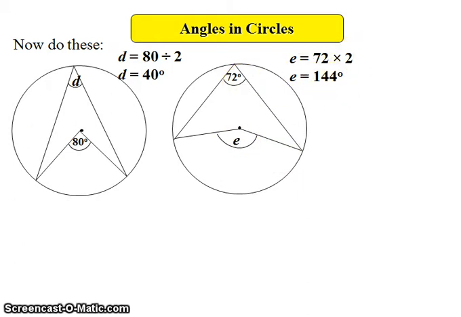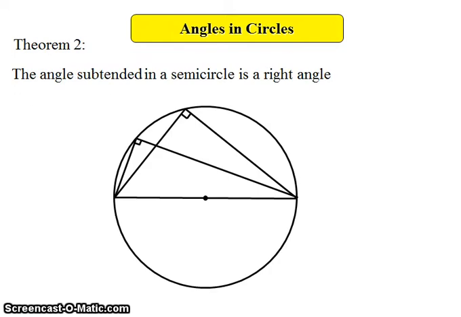Okay, so moving on now to the second theorem I want to talk about, which is when angles are subtended by a semicircle. So what do I mean by that?